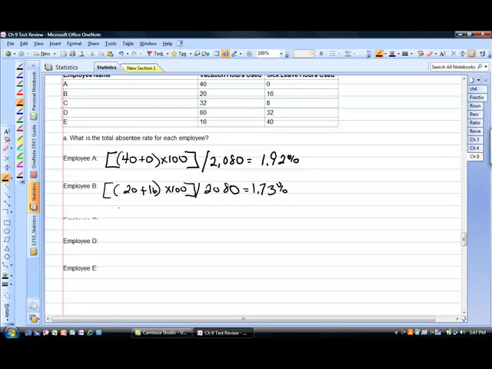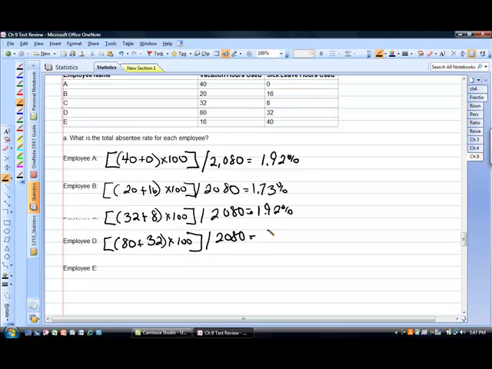Okay, employee C, we have 32 days of vacation that they used, and we're going to add the 8 days of sick leave. Divide that by our 2080, and that gives us 1.92%. The next one we set up the same way. This employee had 80 days of vacation, 32 sick days.